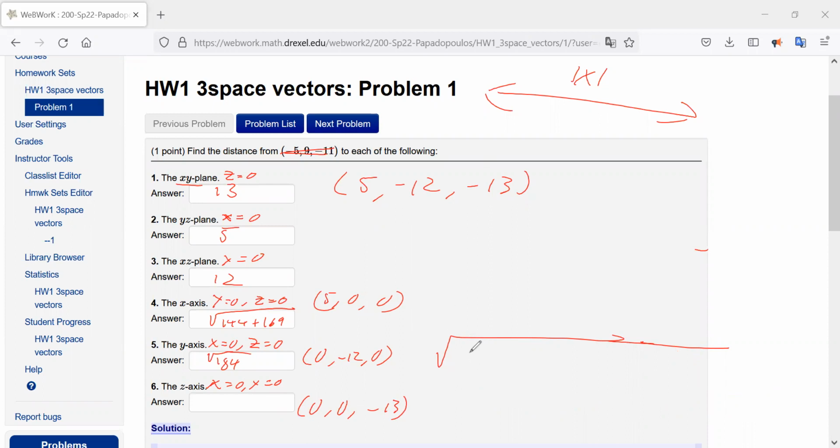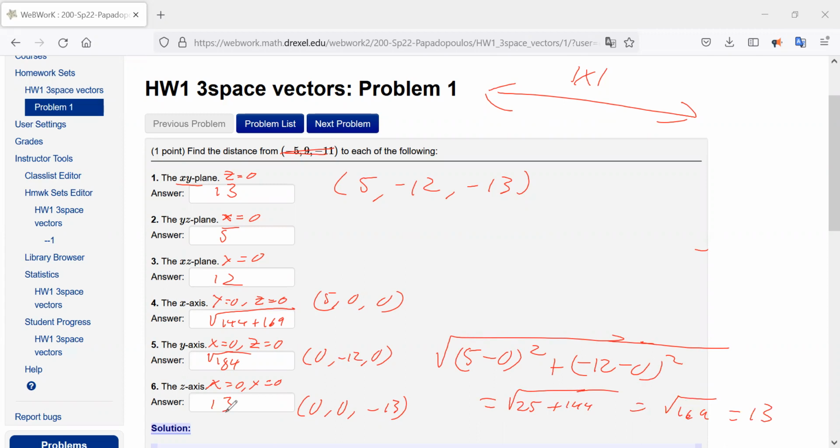Therefore, we're going to do (5 minus 0) squared plus (-12 minus 0) squared, which is equal to the square root of 25 plus 144, which is the square root of 169, which is equal to 13.